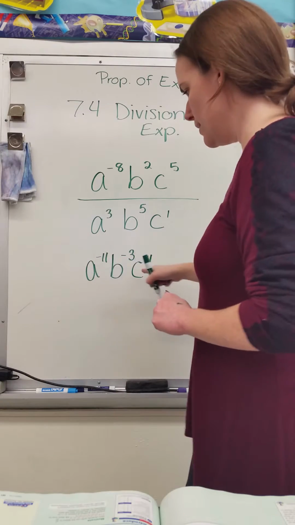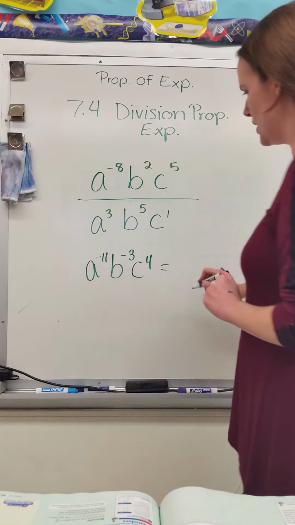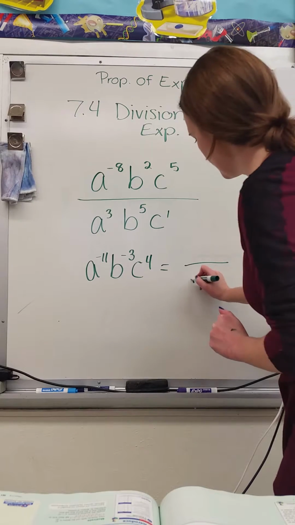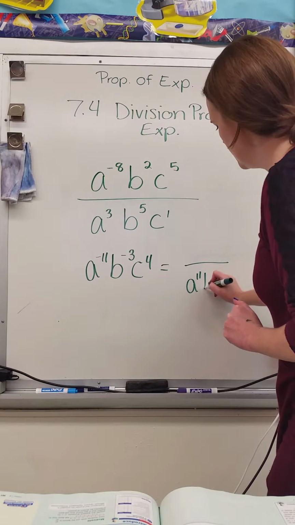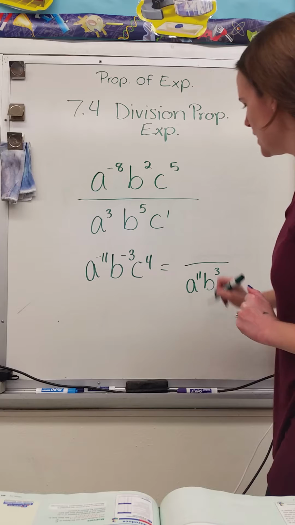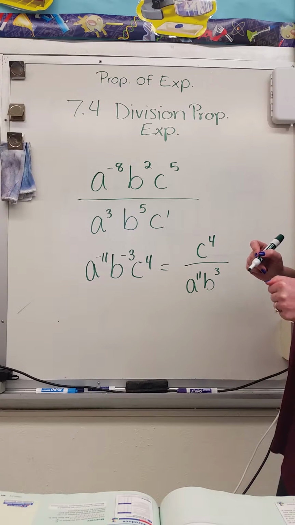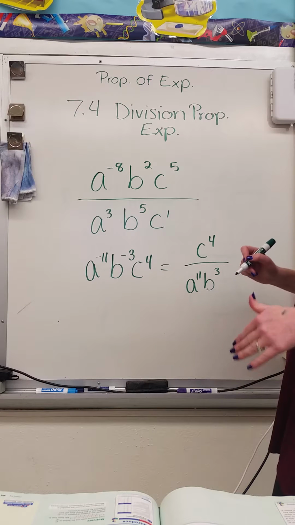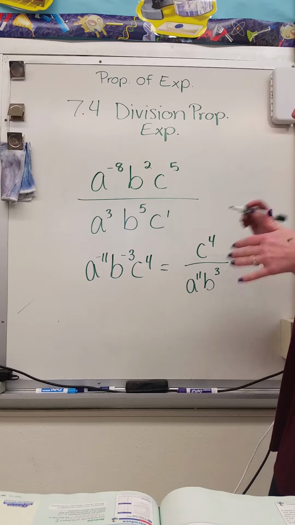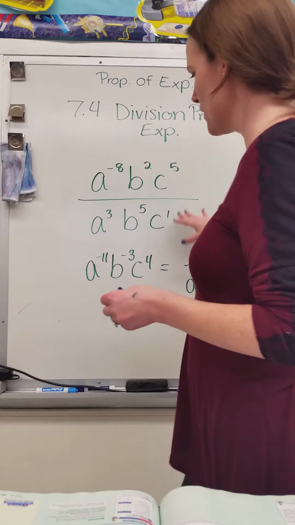Since these are negatives, they're going to go in the bottom. So I'd have a to the 11 down here, b to the 3 right there, c to the 4 up top. After a while, another way again to think about it is just knowing where things cancel.